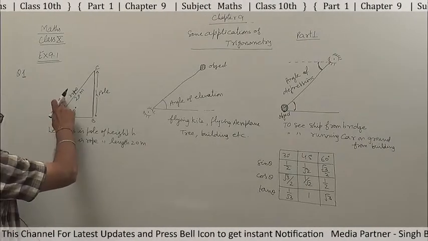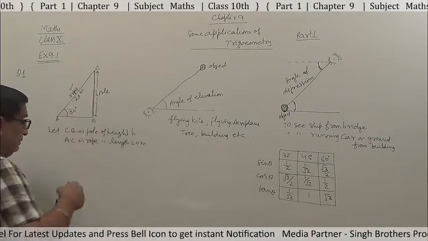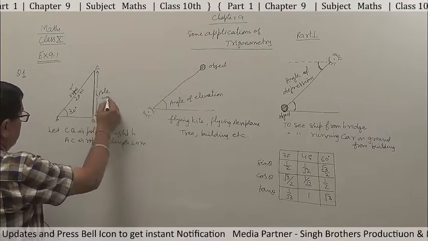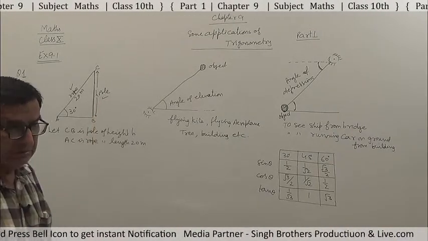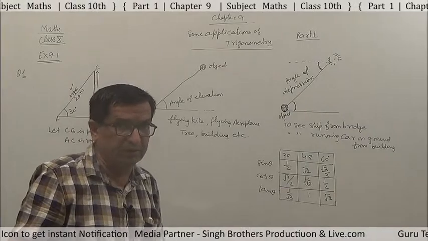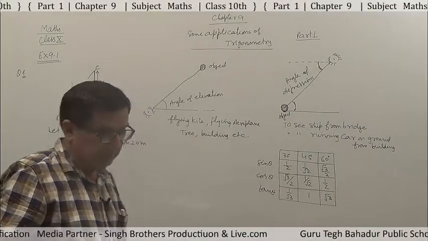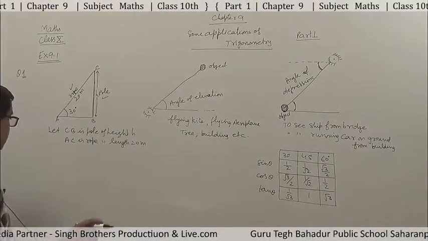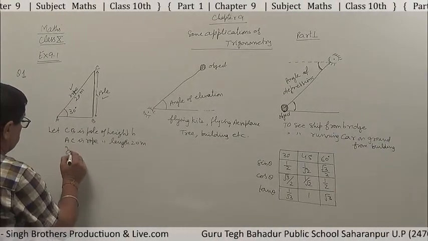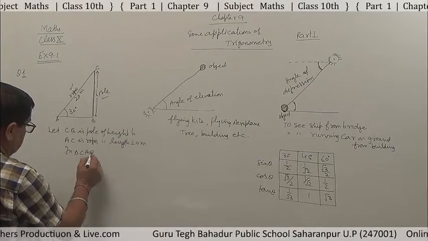So hypotenuse is given to you, perpendicular is to be calculated. Perpendicular and hypotenuse are used in triangle CAB, that is sine.